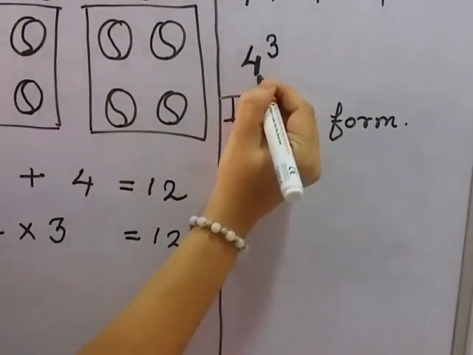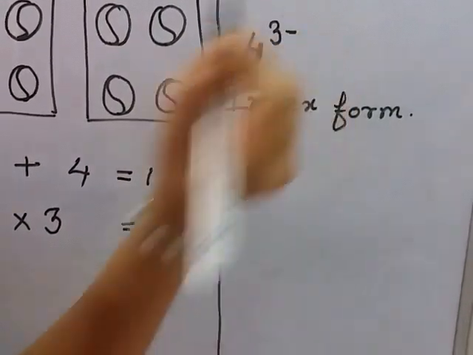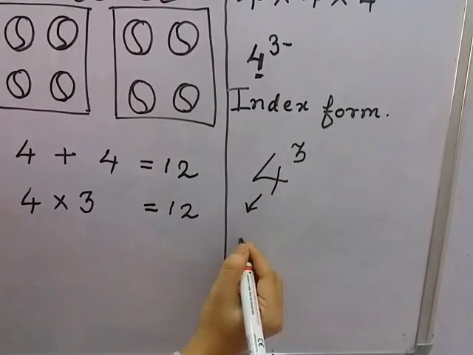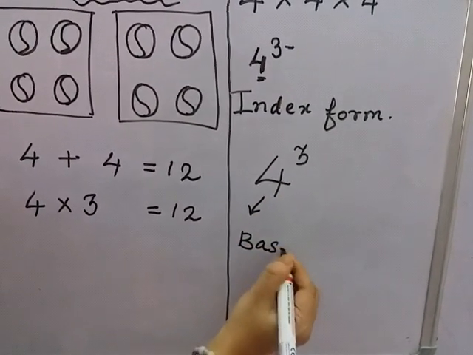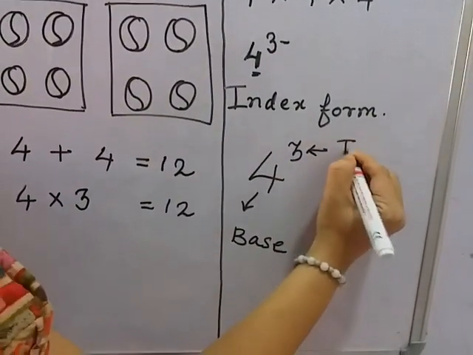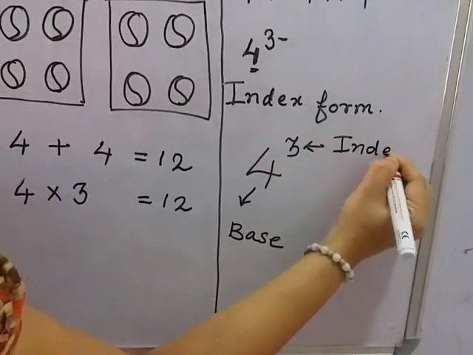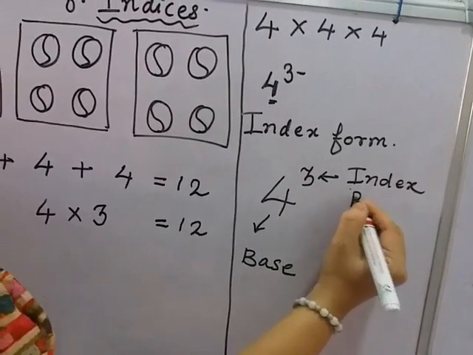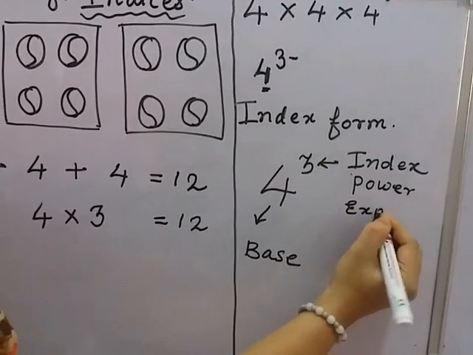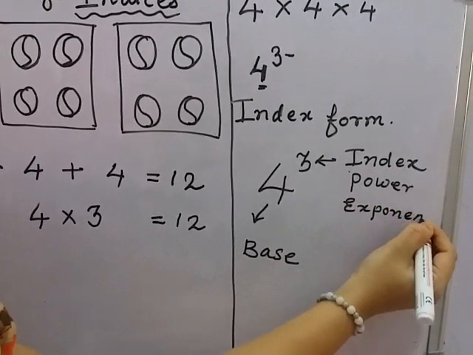Now let's see what is this 4 and what is this 3. I am writing here again. So this 4 is called the base. What is it called? Base. Whereas the 3, the number which we are writing on top, is called the index. It is also called power, or it is also called exponent.